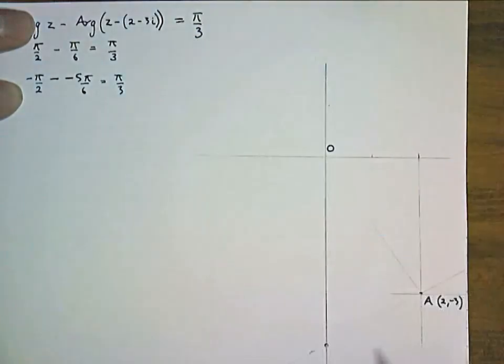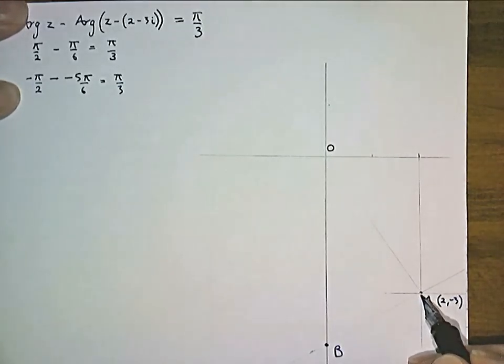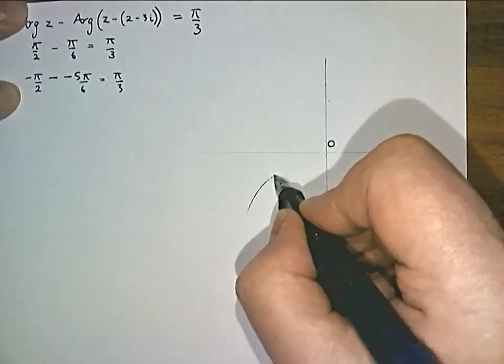So that is a point on the circumference of this circle, for sure, because this angle here is 60, and the locus we want is going to be coming around from here all the way round to there and further on round.